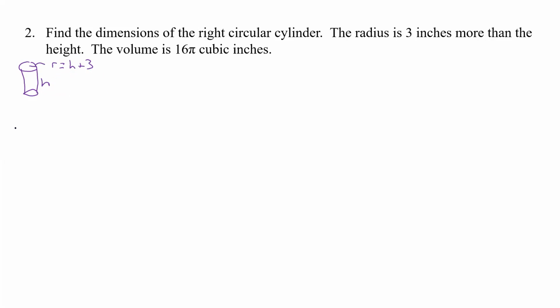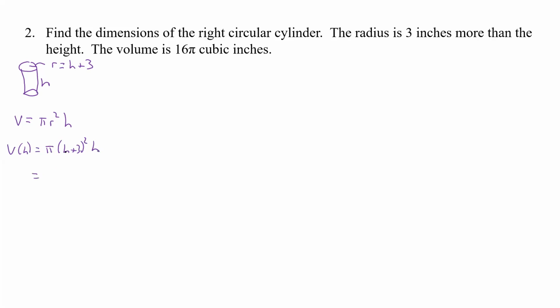And so what is the volume of one of these things? Well, it's going to be basically our area of a circle times height. So it's going to be pi r squared times h. Now we just said r is h plus 3. And so what we're going to get is a volume in terms of h is going to be equal to pi times h plus 3 squared times h. Now we have to square this.